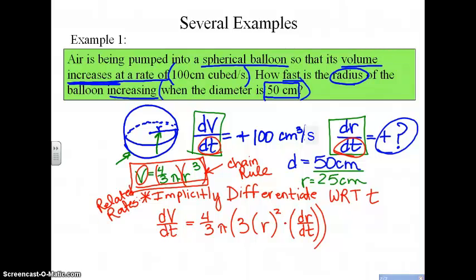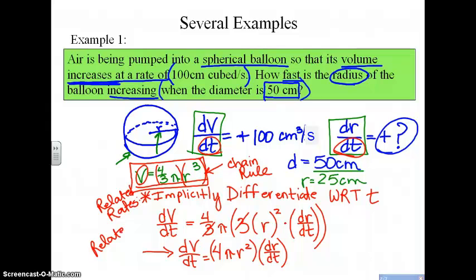So let's clean this up a little bit. dV/dt has to equal, let's see, this 3 and that 3 will cancel. So 4 pi r squared times dr/dt. And this is the related rate. And we got it from the relationship between a volume and its radius in a sphere.